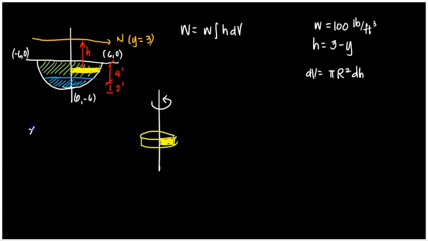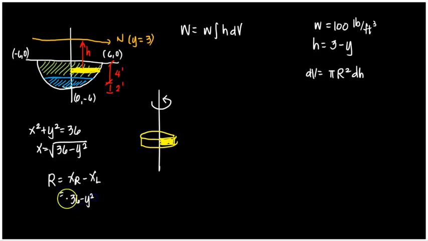So the equation for this one is x squared plus y squared equals 36. Therefore, x is the square root of 36 minus y squared. For the radius, it's simply the right side of the element minus the left side of the element: the square root of 36 minus y squared, minus 0, because that's the y-axis.